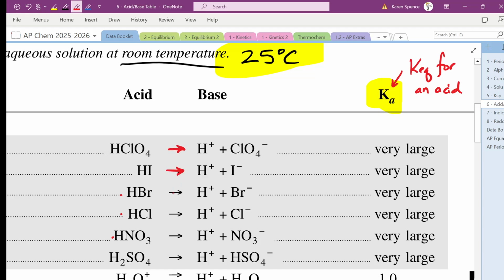And their KEQ is very large, which means this goes to completion. So you end up with all dissociated and none of it undissociated.